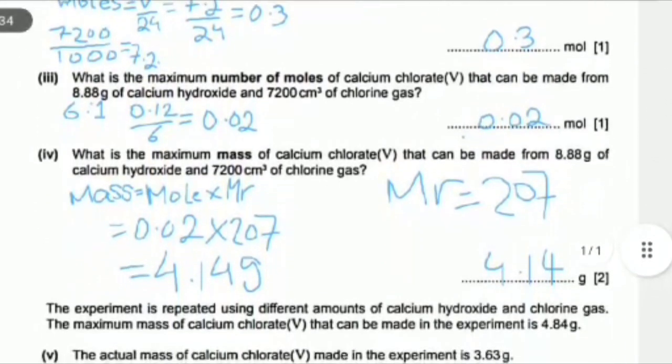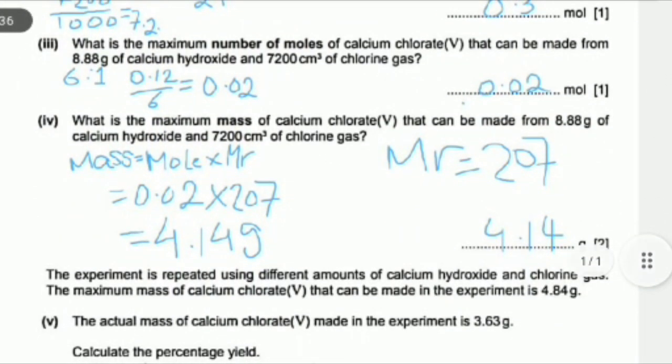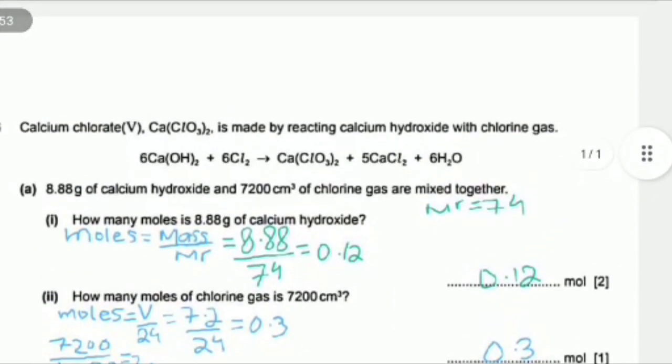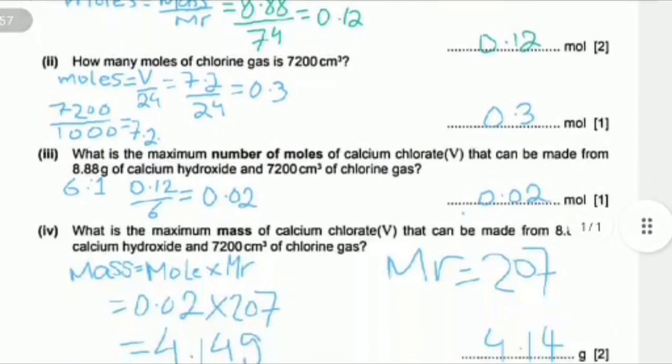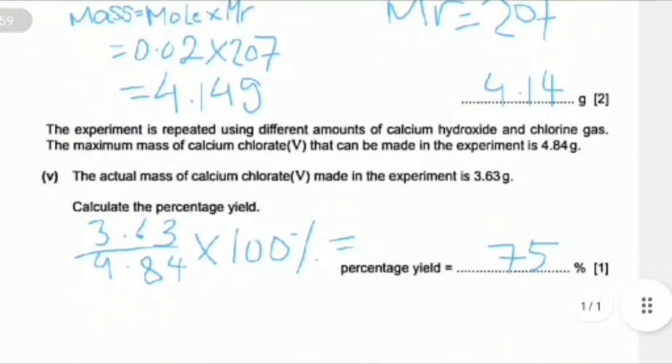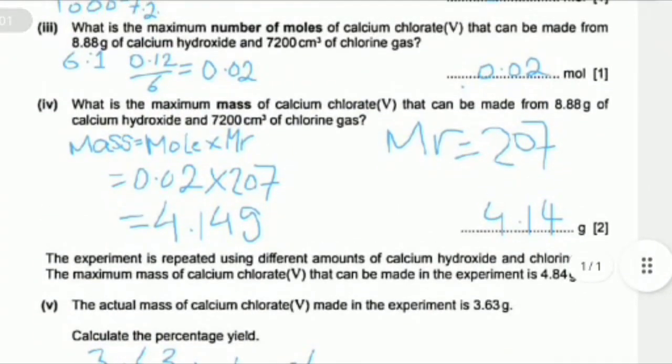The next question says, what is the maximum number of moles of calcium chloride that can be made from 8.88 grams of calcium hydroxide and 7200 cm³ of chlorine gas? Since it's a ratio question, you have to go back to the equation, and here we go, we have 6:1, so we will use the smallest value of moles.